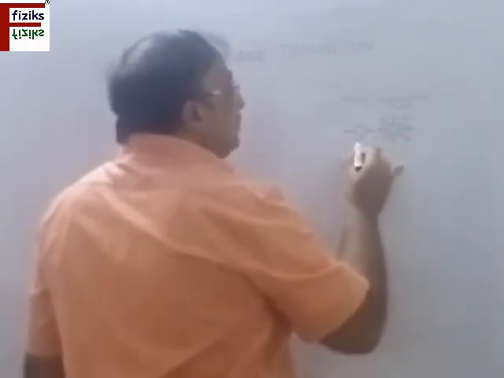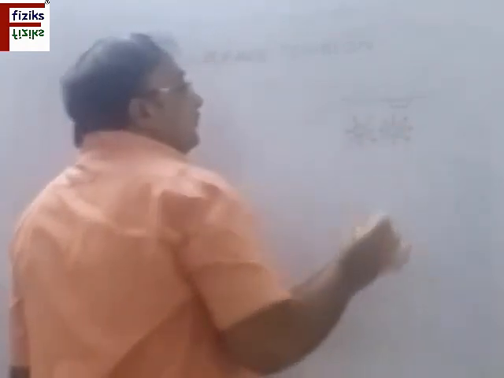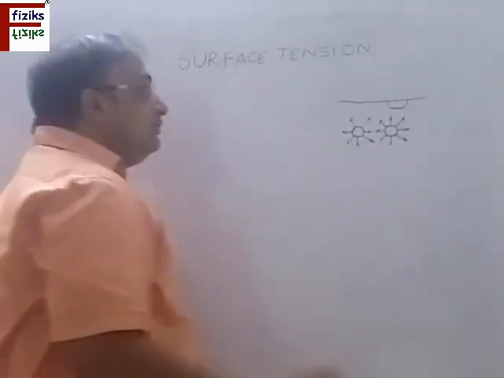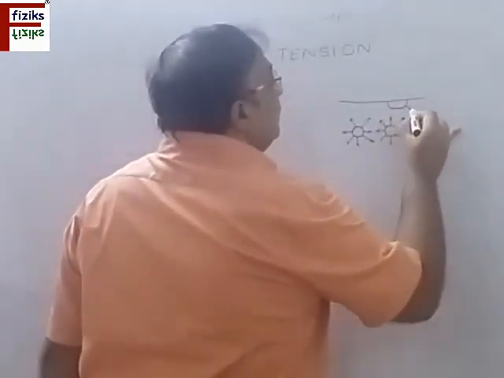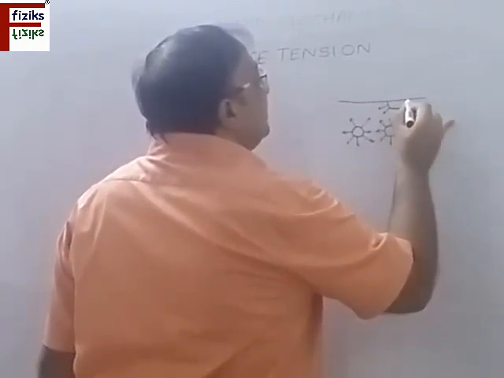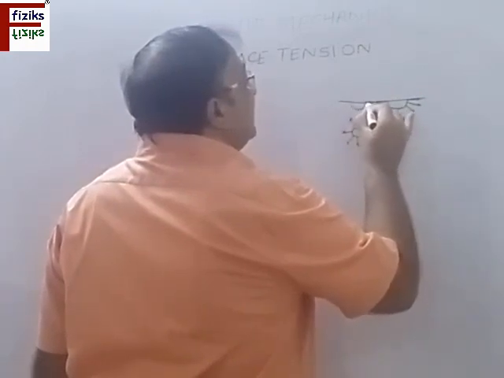So the net force on any of these molecules will be equal to 0. Of course, they are in motion. Now here let us consider this molecule. What are the forces acting? They are being attracted by the molecules inside the surface, and any other molecule here will attract this in this way.